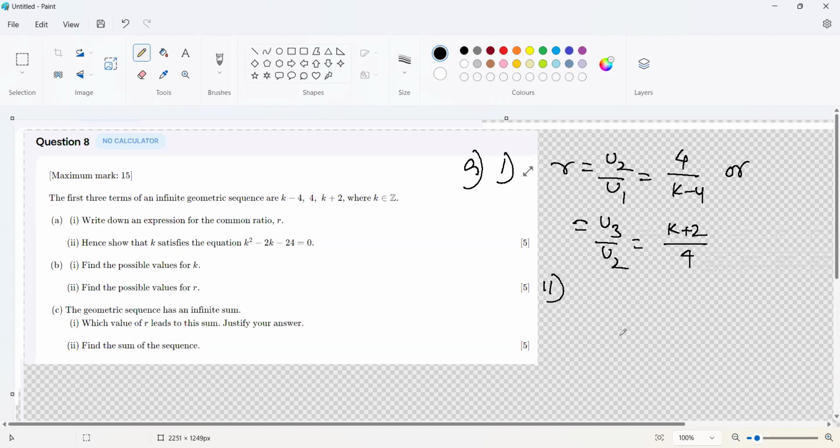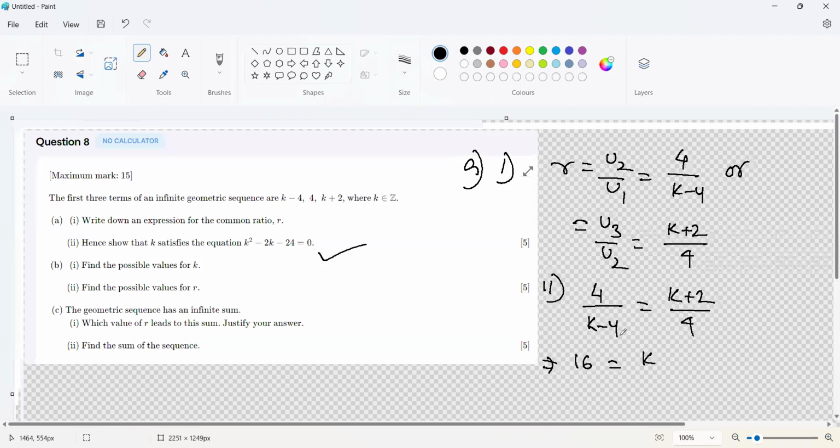So that k satisfy this quadratic expression. So if I equate the both expression for the R, 4 upon k minus 4 equal to k plus 2 upon 4, we will be able to generate this k value. I mean to say this expression.